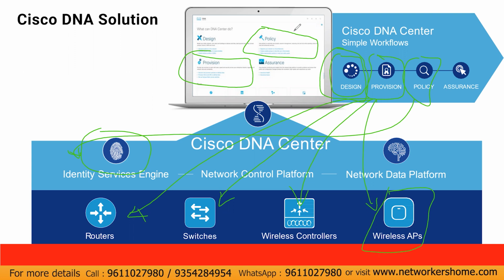You can do it from DNA Center as well. It is reflected in ISE automatically because of this specific protocol. I have a very nice diagram in the next one or two slides where you'll come to know all these protocols and how it is done.